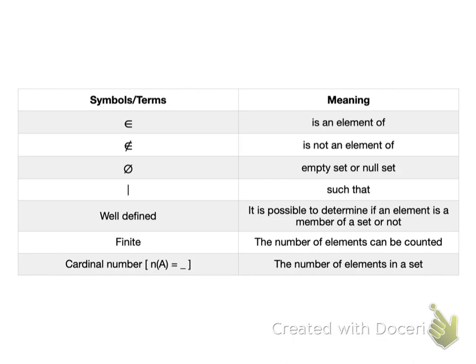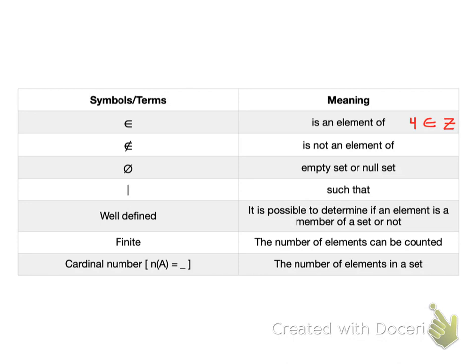So, for example, I could say, and I'll write it right in here, 4 is an element of the integers, right? Or the natural numbers, or the whole numbers. I could use either. But this is how we are using it. Is an element of. The one with the slash through it is not an element of.